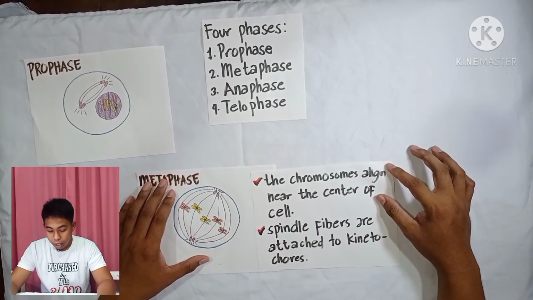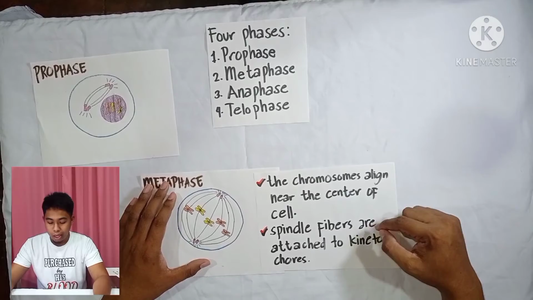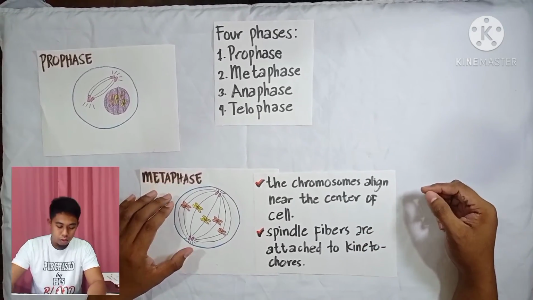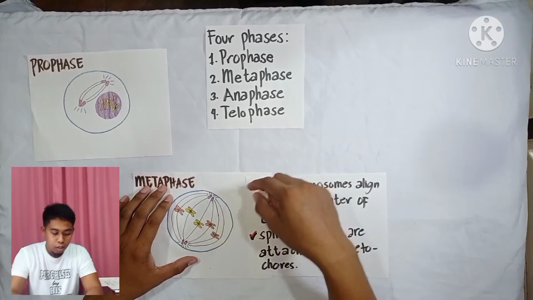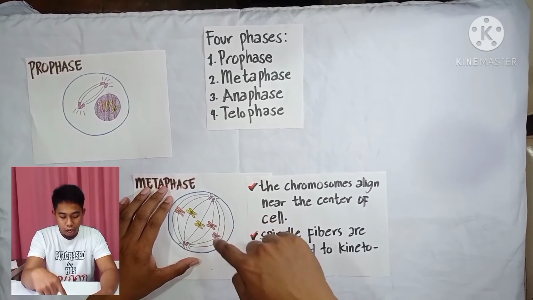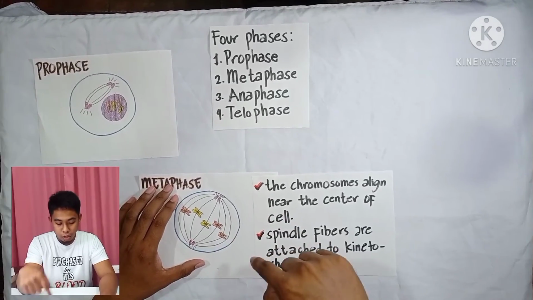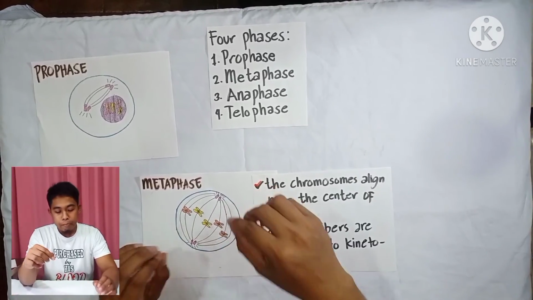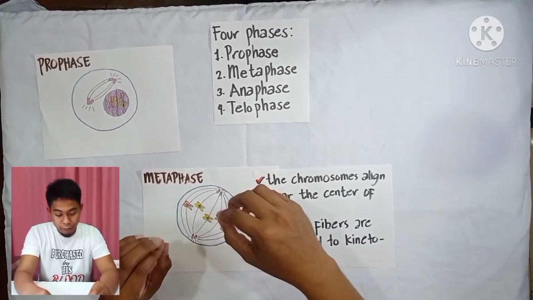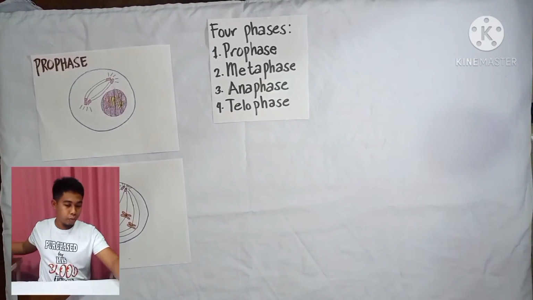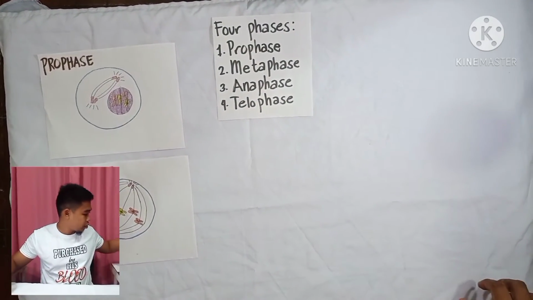Then the spindle fibers attach to the kinetochores of the chromosomes. As we all know, chromosomes have centromeres, and centromeres have the kinetochores, which is the location where the spindle fibers are attached. After metaphase, we have the anaphase.